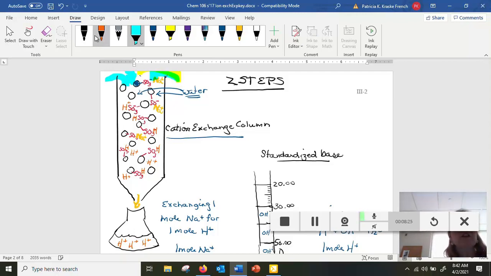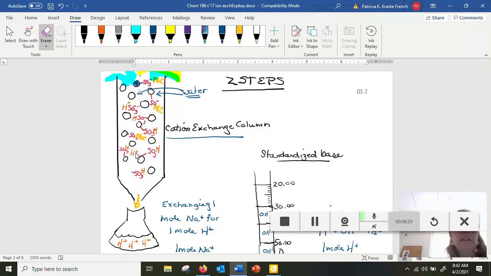And by flushing that column with lots and lots of water, you'll eventually get those hydrogens, that are caught in the spaces in between the little beads, to come out into your Erlenmeyer flask. They won't be stuck up here anymore.